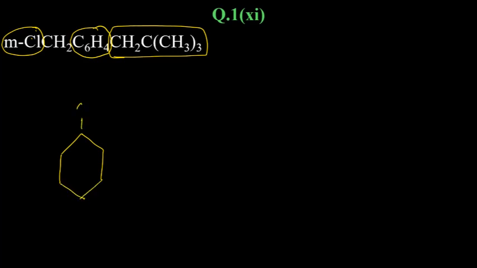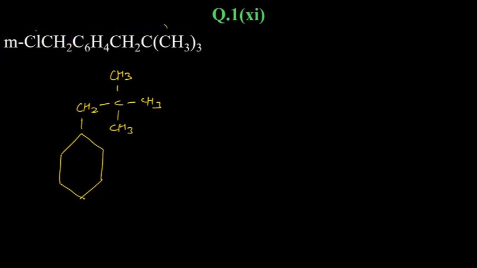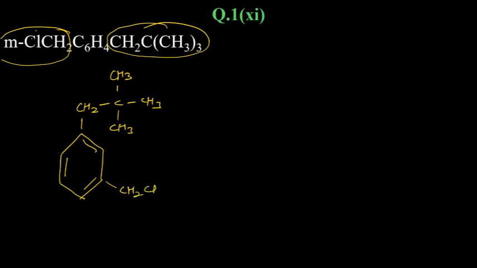The main group attached here is CH2, C, CH3, CH3, CH3. This is the group attached to the benzene ring. On meta position, you have CH2Cl.